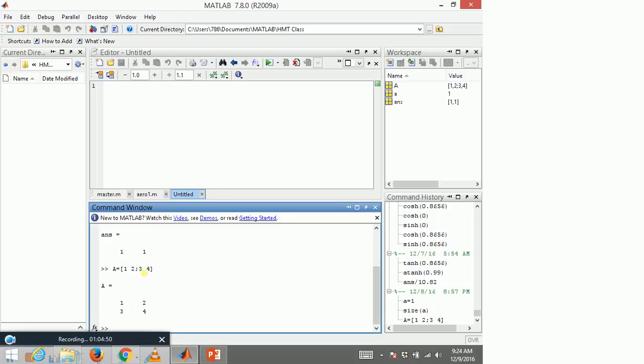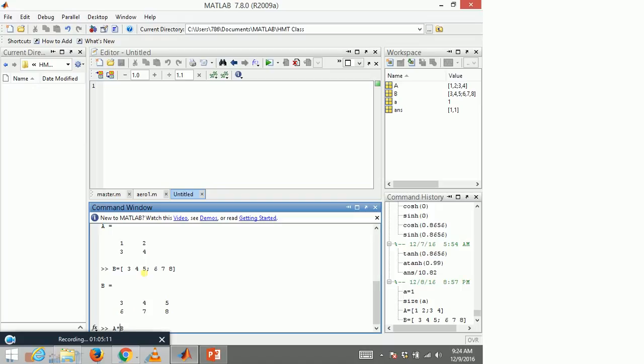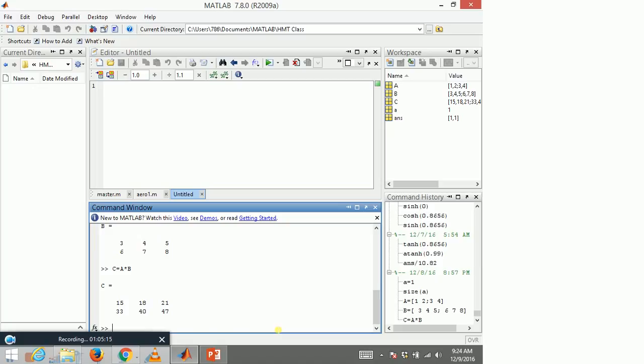It's a semicolon. So you give a semicolon and you switch to the next row. You understand that? Okay, let me take another matrix. I say that this is 3, 4, 5 and 6, 7, 8. Fine. And I say that, okay, perform an iteration for C equals A multiplied by B. I come up with some number.